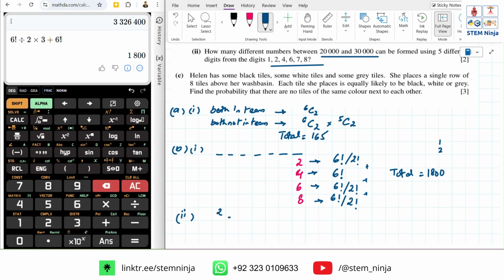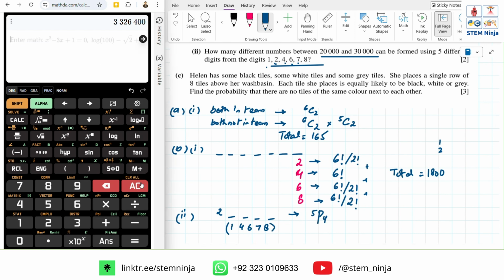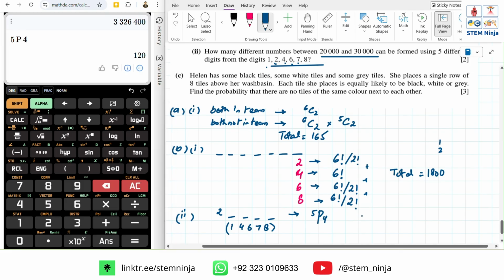Then for the other digits, you are selecting from 1, 4, 6, 7, 8. So out of 5 you need to select 4, so 5P4. Since this is a number, arrangement will matter, so 120.